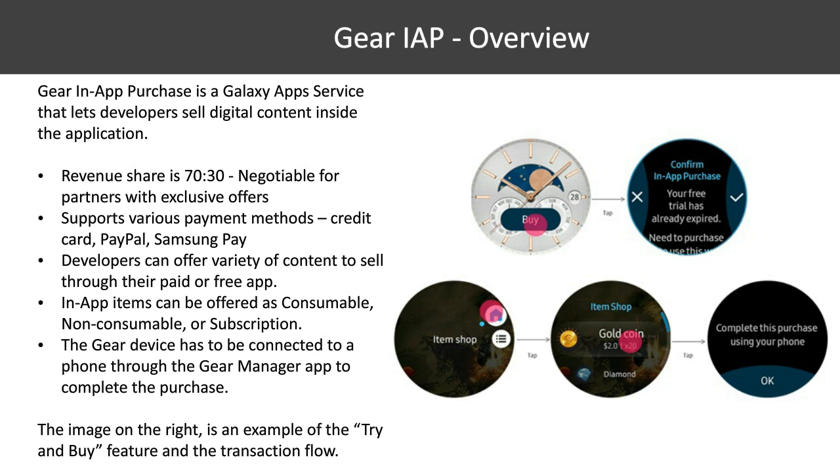When the user clicks OK, you can list the number of items available for users to purchase. And when the user clicks the actual item to buy, the platform shows a pop-up to complete the transaction on the phone. That is the general flow that happens while using an in-app purchase on the Gear device.